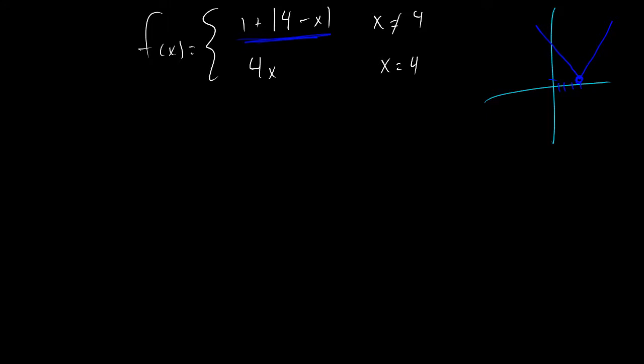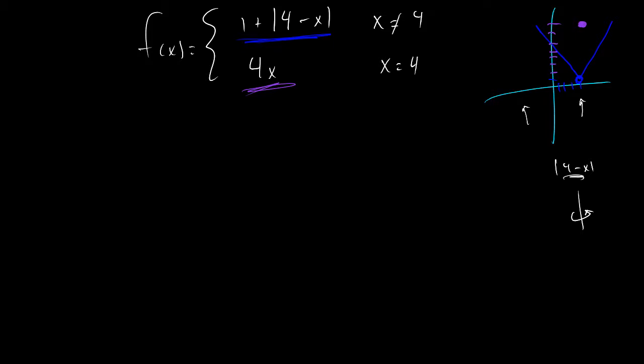At that point, we're 4x, so at 4, we're at 16. So it looks something like this. The reason it's over here and not over here is because I have a negative x on the inside, and this reflects it about the y-axis. So if you're confused why that happens, it's because it's on the inside.